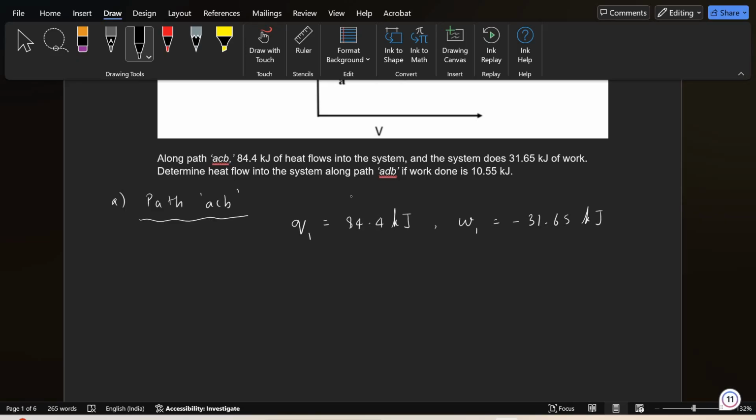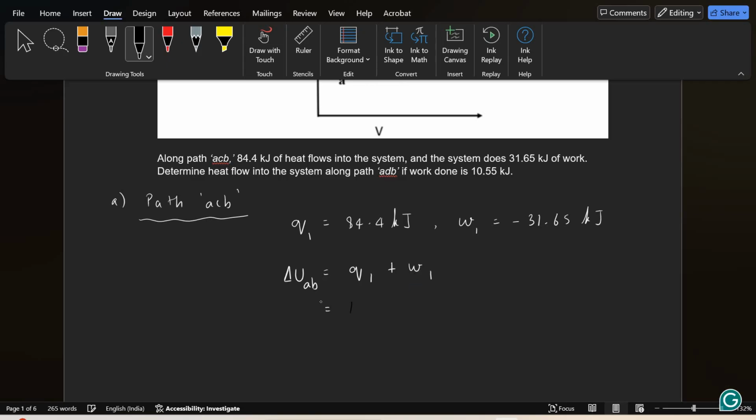First we'll calculate the change in internal energy from A to B. How will you get it? Change in internal energy is equal to what? Jaideep? It is Q1 plus W1. That is the change in internal energy.